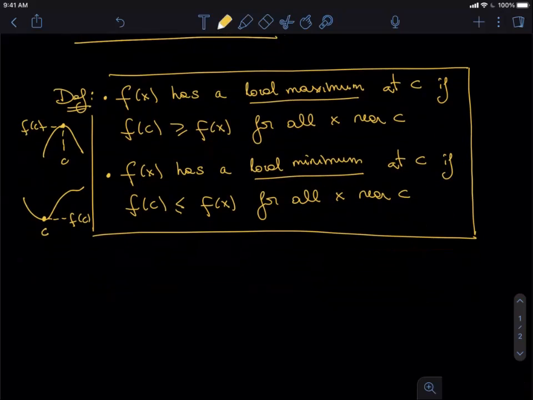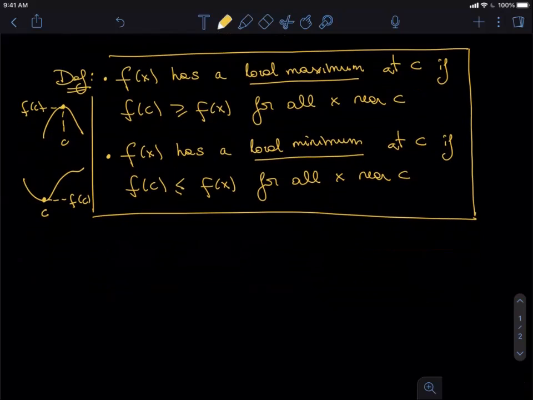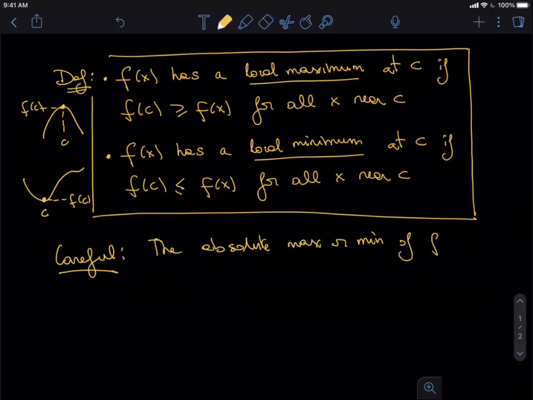Now, let's be careful with the terminology, because sometimes this can be confusing. So the absolute maximum or minimum of f occurs at the input c.